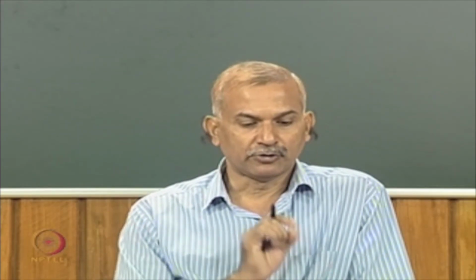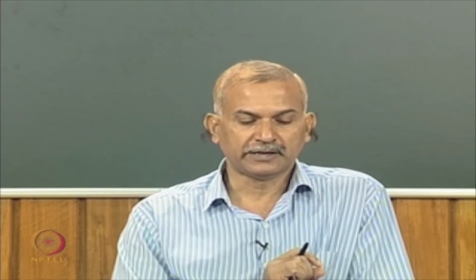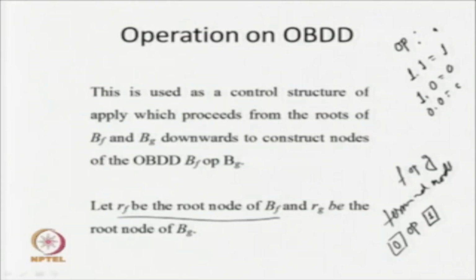Now, just see that we are going to do it recursively. Let RF be the root node of our BDD BF, and RG be the root node of BDD BG. That means this is my root node RF, and we have the BDD something like that.